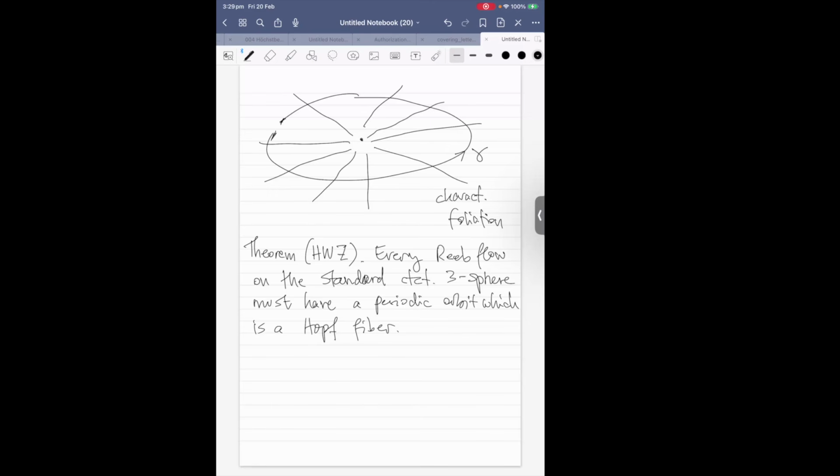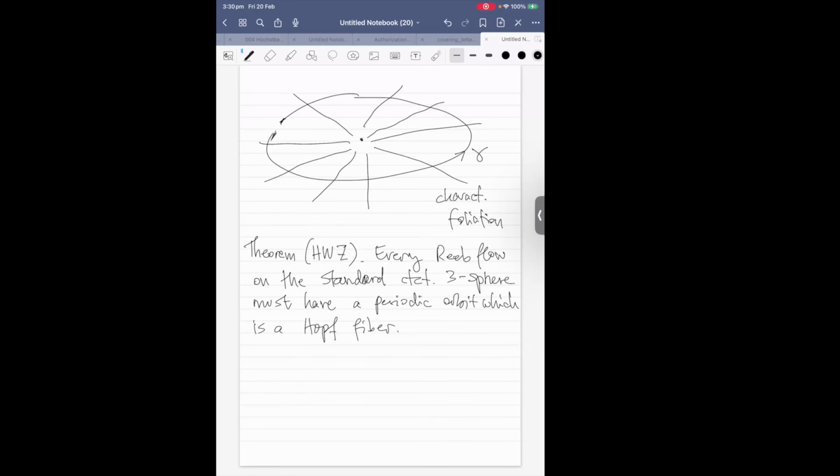But then one might ask, is this the minimal structure? Right? So is there a Hopf flow on the standard 3 sphere that has this periodic orbit which is unknotted self-linking -1 and nothing else? And we know that the answer is no, right? There are other periodic orbits as well.